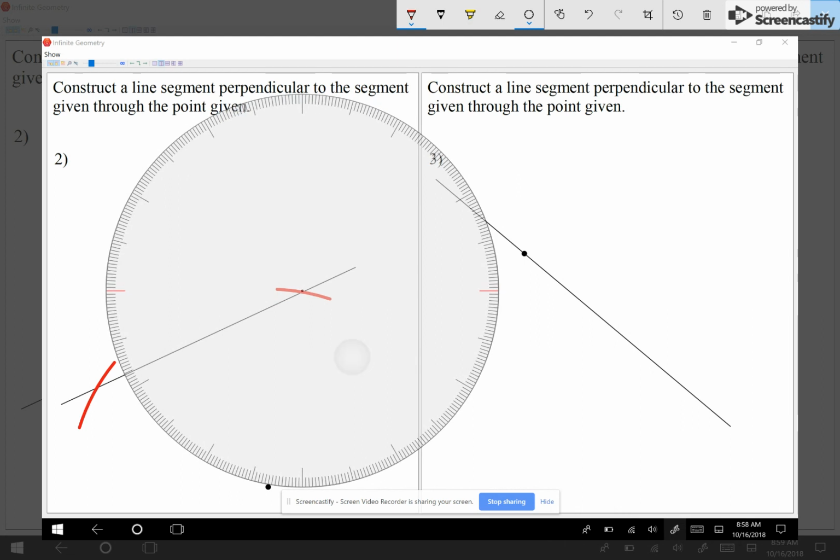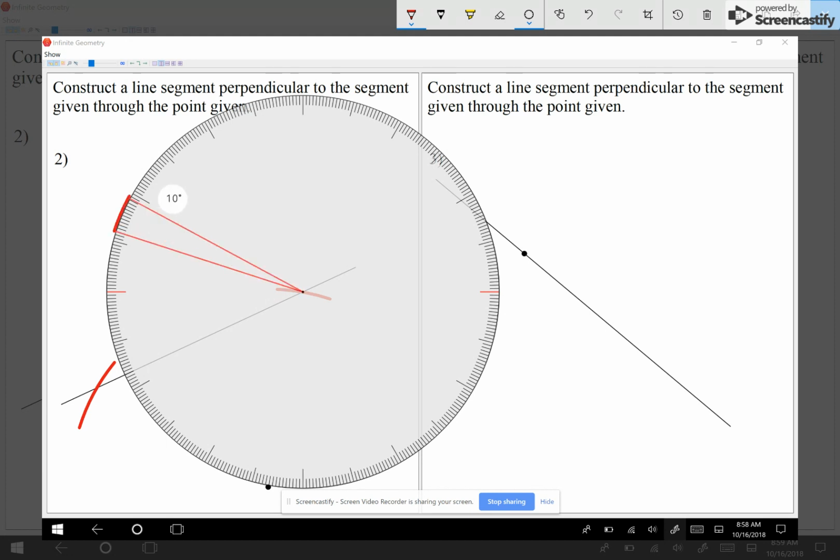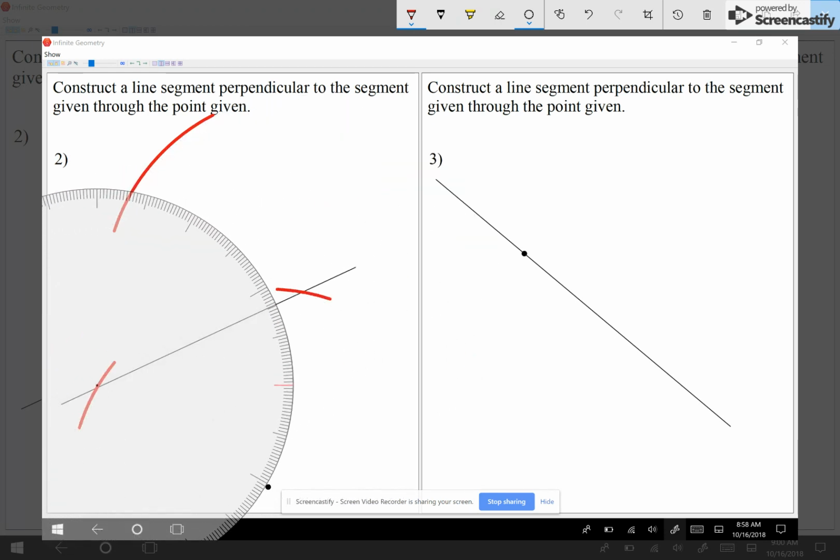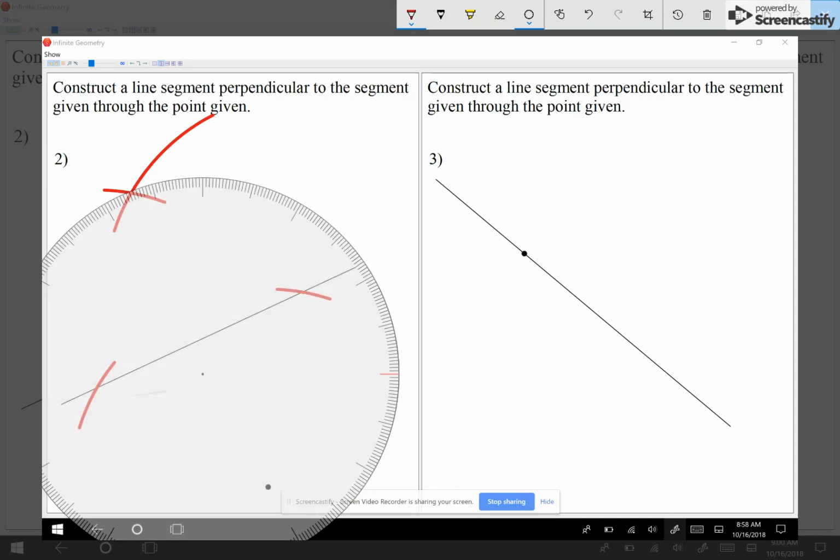I don't need to change the aperture of the compass. I'm just going to center my compass at one of the intersections and make an arc on this side of the line segment. Basically, I have the point on one side of the segment, and I'm going to make the arcs on the other side. Then I'm going to center my compass at the other intersection and make an arc on this side of the segment.